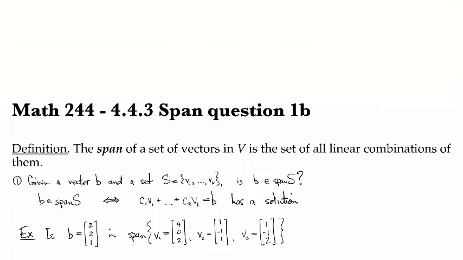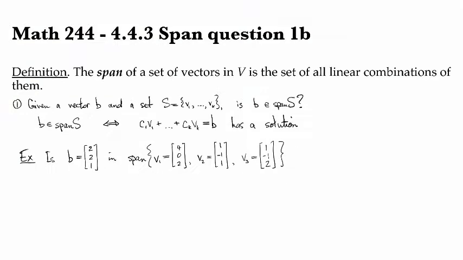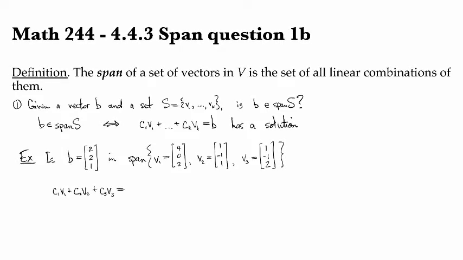Okay, so now the question of whether or not we can write b as an element of the span looks the same as before, except now there's a sum of 3 things, right?